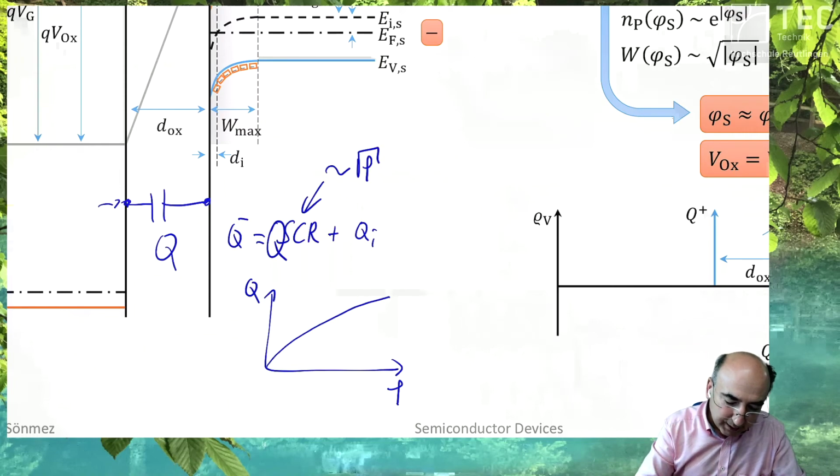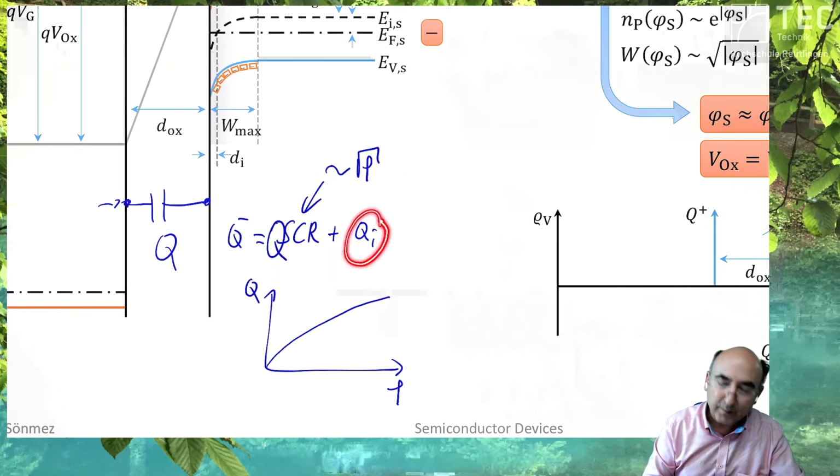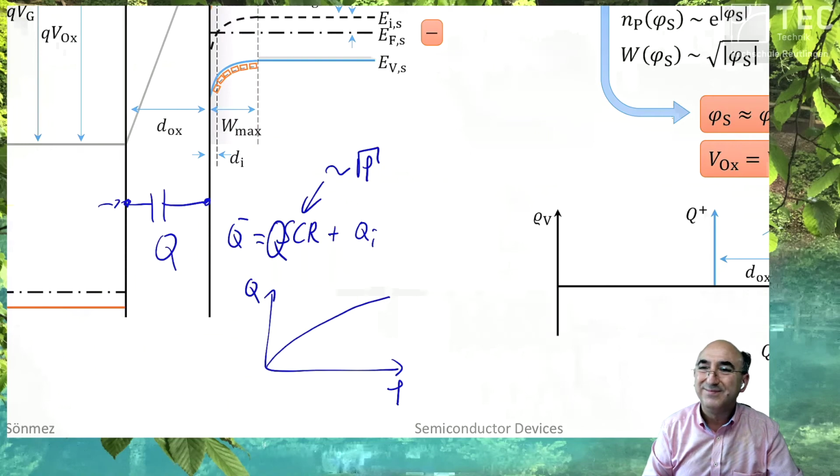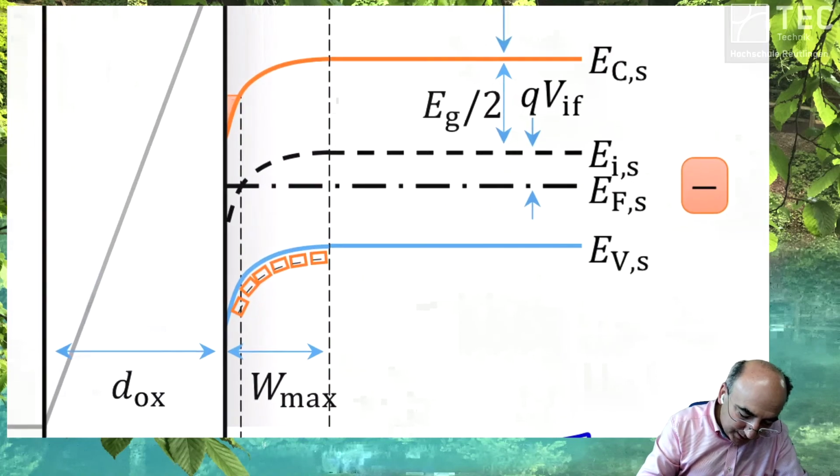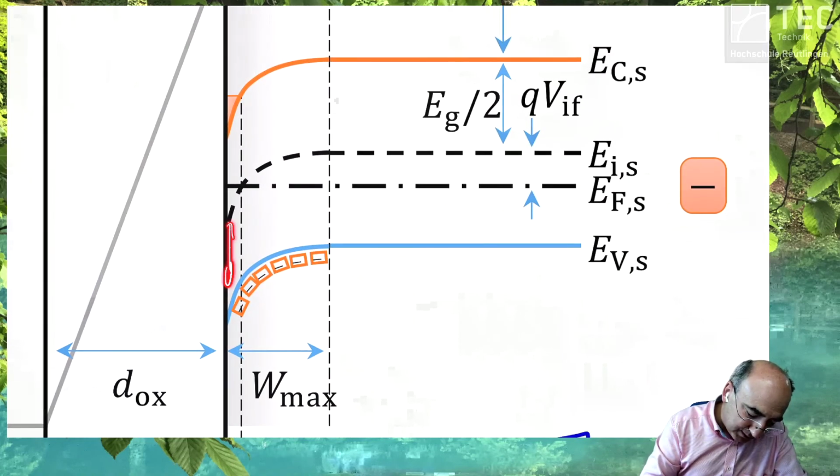What is the behavior of the inversion charge if this distance gets closer? It's Boltzmann statistics. It's exponential.